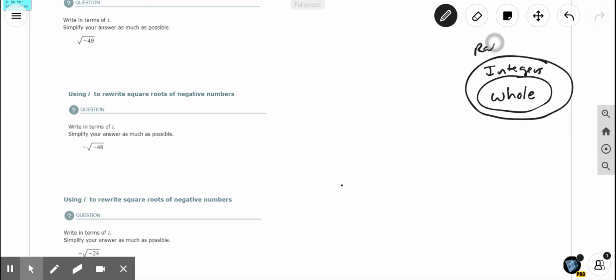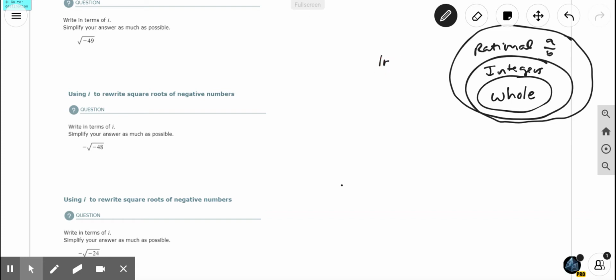Then we went to rational, and rational can be expressed as a fraction. So all integers and whole numbers are rational numbers, but you can also have things like 3/4. That's a rational number. And on the other side of it, rational was irrational.